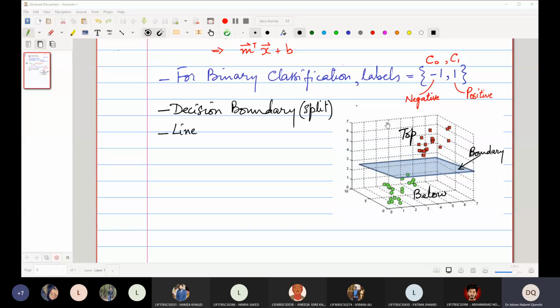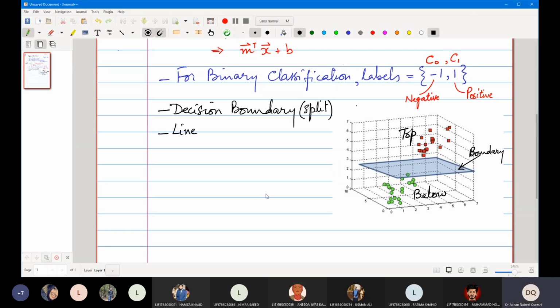I'm just getting some images from the internet because otherwise it becomes very difficult to draw. So let me get this image copied and paste it here.